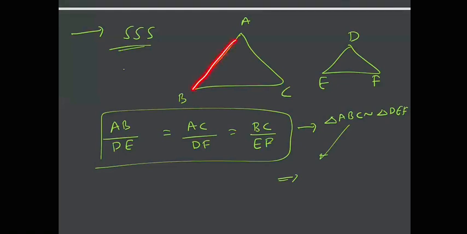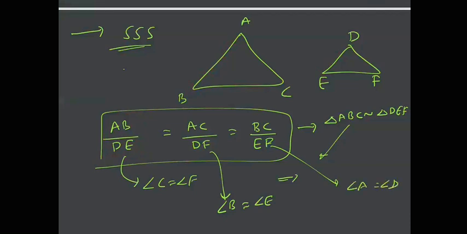So the angle opposite to side AB is equal to the angle opposite to side DE. So this implies that angle C is equal to angle F, angle B is equal to angle E, and angle A is equal to angle D. So the angles which are opposite to the proportional sides are equal. So if three sides are proportional in two triangles, then those two triangles are similar.